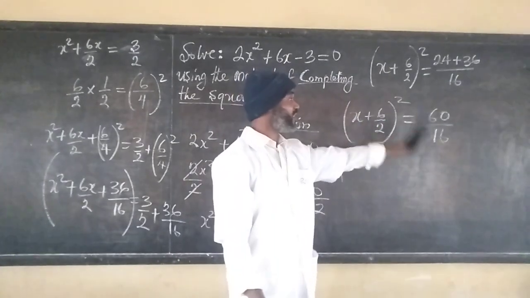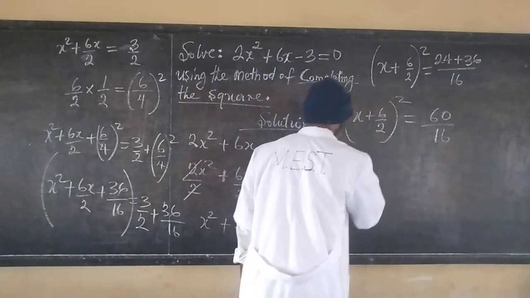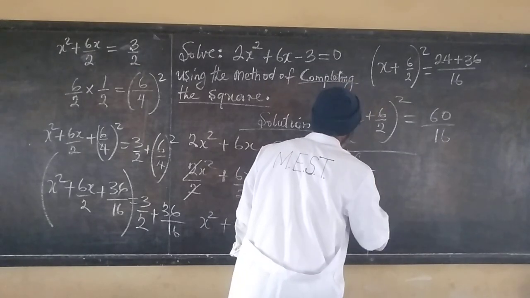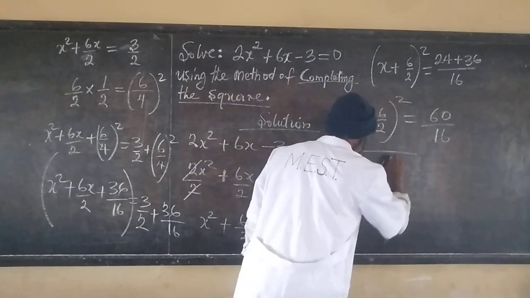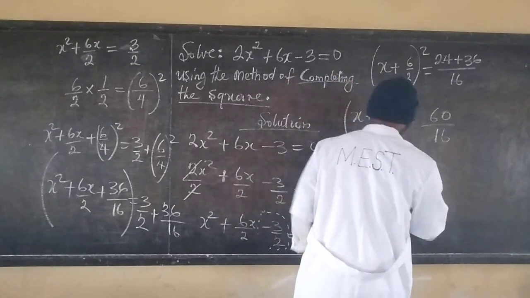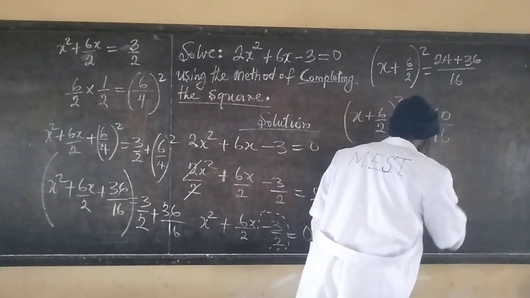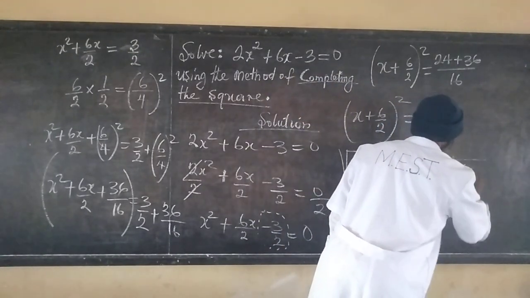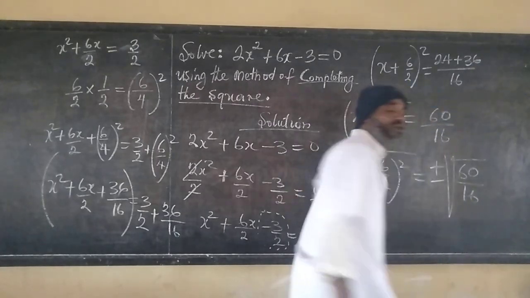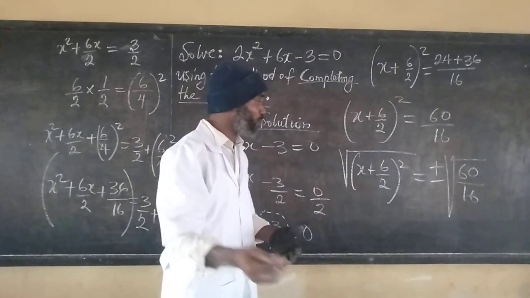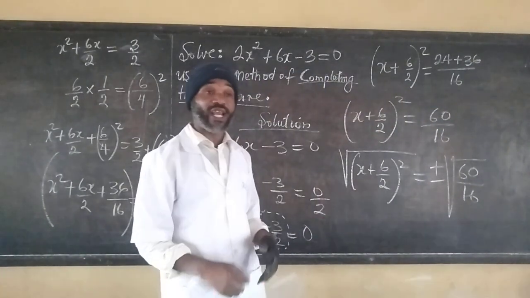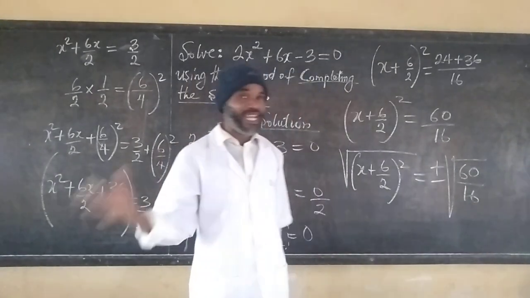We find the square root of both sides. The square root of this side is x plus 6 over 2, and the square root moving to the other side becomes plus or minus 60 over 16, because we don't know whether the root is positive or negative.